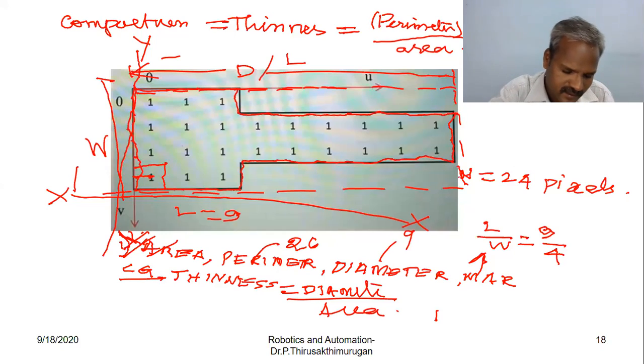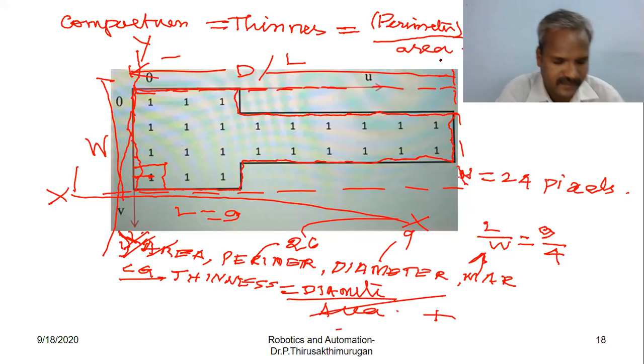Now see, for this pixel, this distance is x1. From the y reference, x1 is 1/2, right?